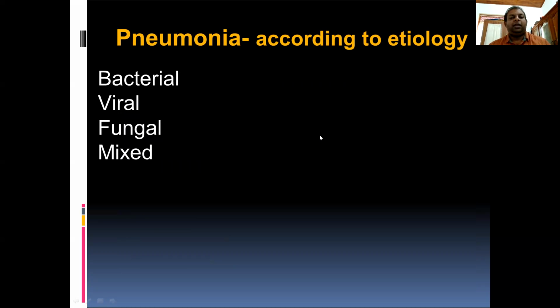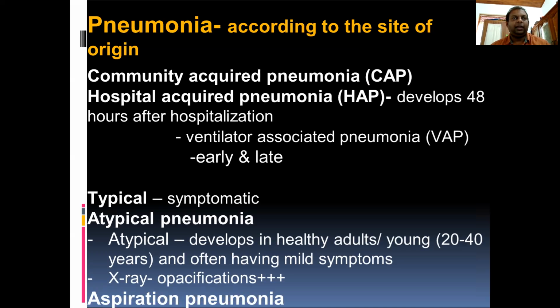We classify pneumonia in different ways. According to etiology: bacterial, viral, fungal, and mixed. Another way is community acquired pneumonia and hospital acquired pneumonia. Hospital acquired pneumonia we further divide; once we do the nosocomial infection lecture, you will understand further.